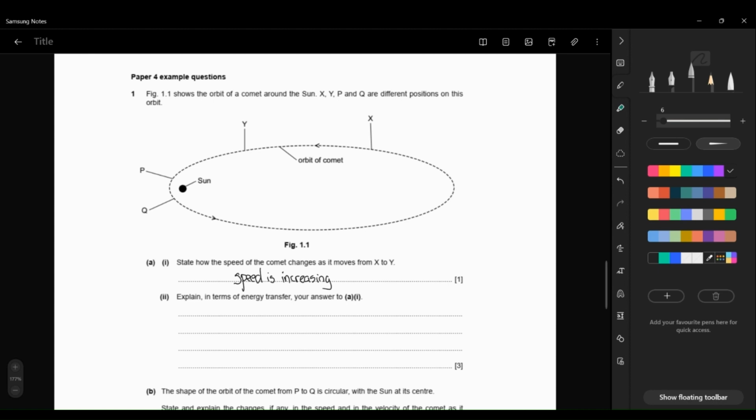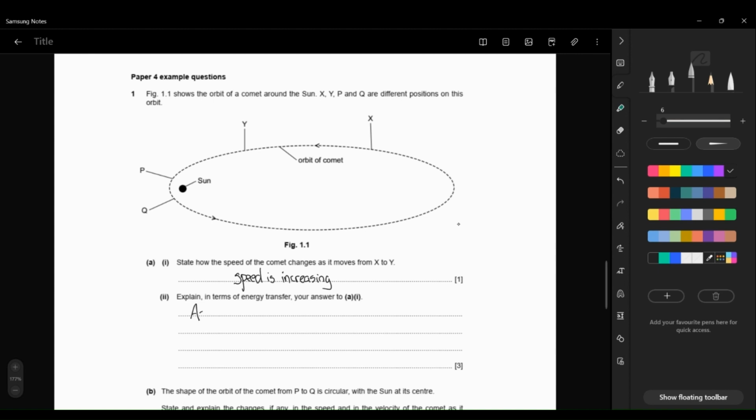Here on Earth, the speed of the object is increasing because it's trading gravitational potential energy for kinetic energy. As the distance of the object to the center of the Earth decreases as it falls, it is changing this gravitational potential energy into kinetic energy. It's the same thing here, but at a much bigger scale. The planet's distance to the Sun is decreasing, so the gravitational potential energy is decreasing, and the kinetic energy is increasing. So that's what you need to write.